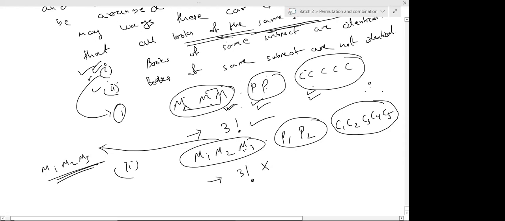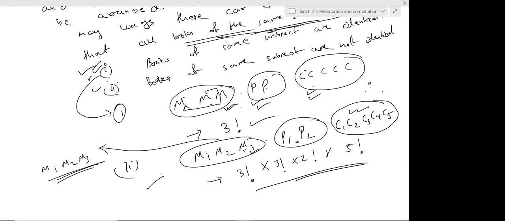So 3 factorial for this bundle, 2 factorial for this bundle, 5 factorial for this bundle. So this will be the answer in the second part. Is it clear to everyone? Rahman, Shaifullah, Mazia, Peer. Yes, sir. Yes. All right.